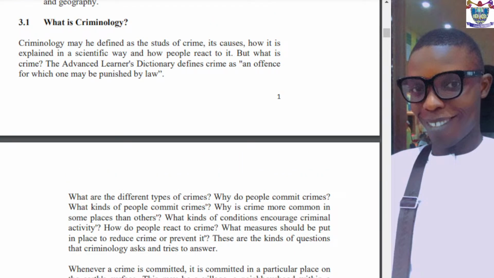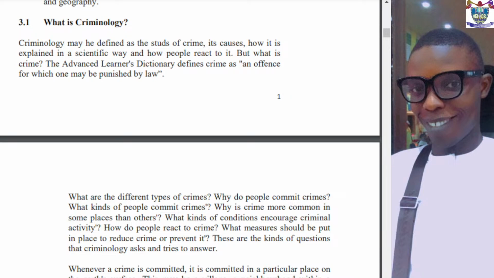Criminology may be defined as the study of crime, its causes, how it is explained in a scientific way, and how people react to it.